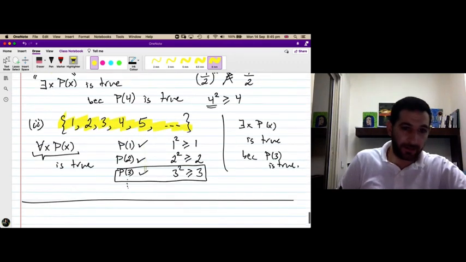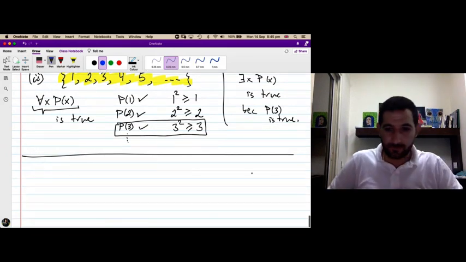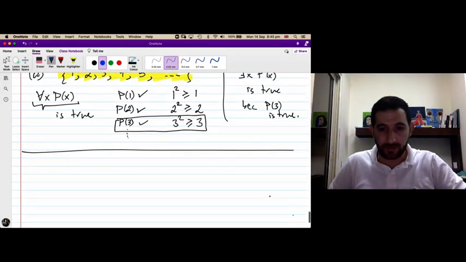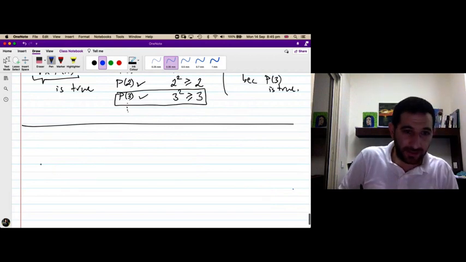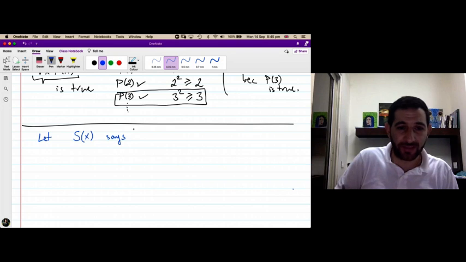Let's have another example of this kind. Consider the predicate S of x, which says that x has property S if the square of x plus 1 is equal to 0.